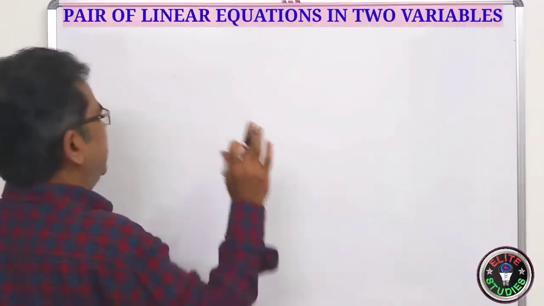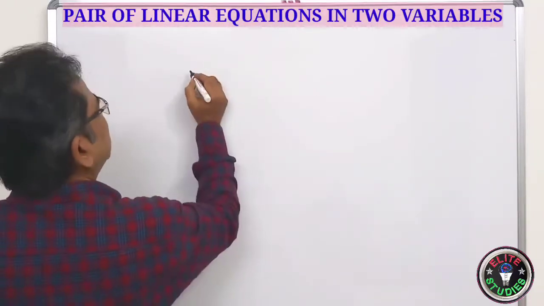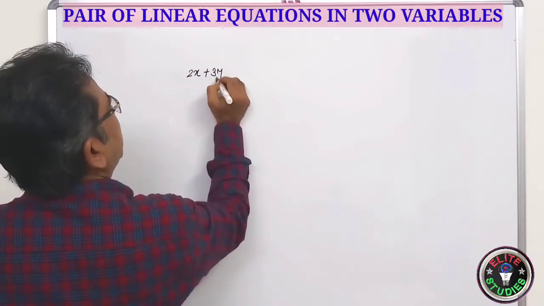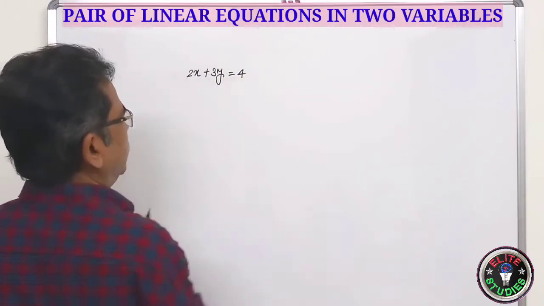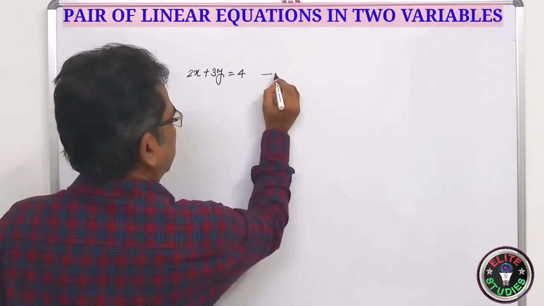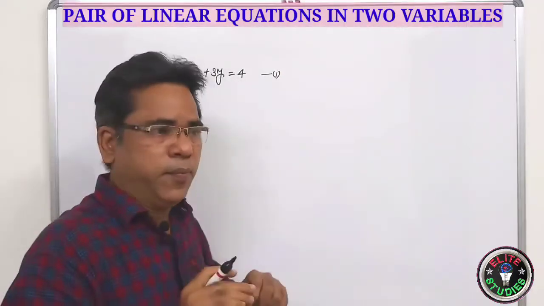It is very easy. Let us write any equation as you desire. Suppose I write 2x plus 3y is equal to 4. This is equation 1. Now, let us consider another equation.